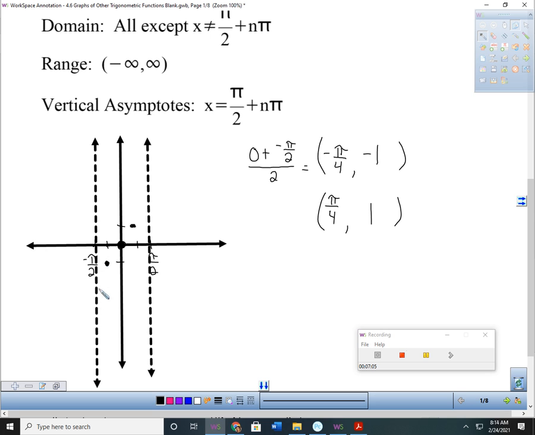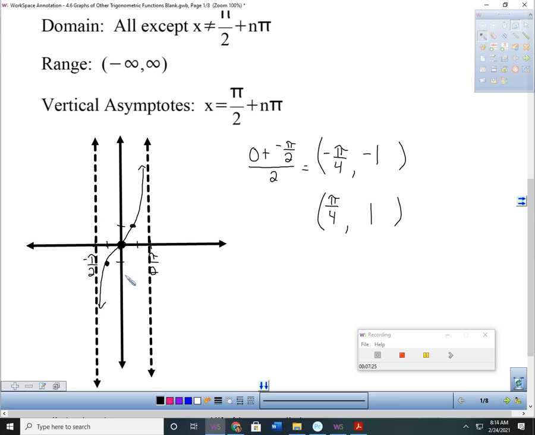And it makes this squiggly thing. So what you want to do is start a little farther down. You don't want to touch this line, but you're going to come up and go through the center, and then curve back towards this other asymptote and put some arrows on the end. So this is what the tangent graph looks like.